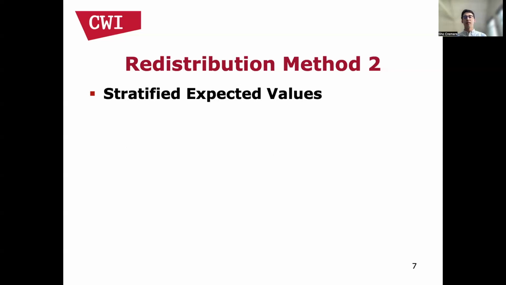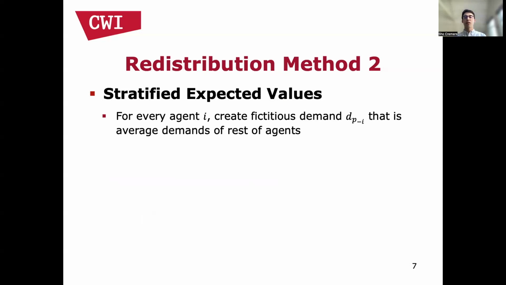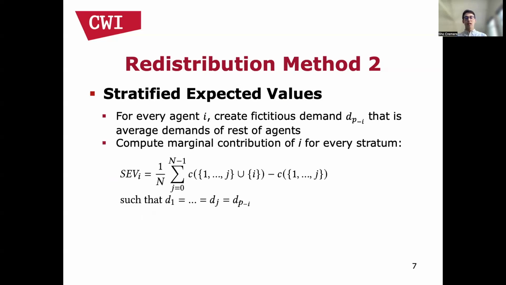The second one is the method newly proposed by us, and we take a step further from the previous method. In this method, we imagine that when calculating the cost of a prosumer, the rest of the community have the same demand for the whole year, which is the average demand of the rest of the community. Then for the prosumer, we compute the marginal contribution of every stratum with these average prosumers.